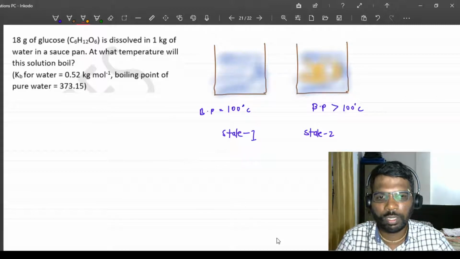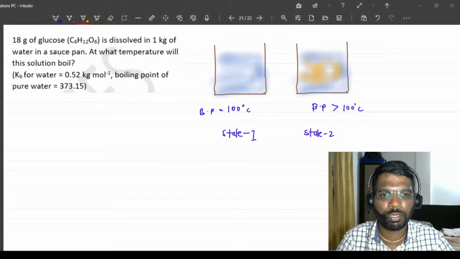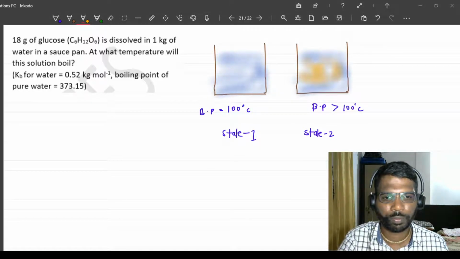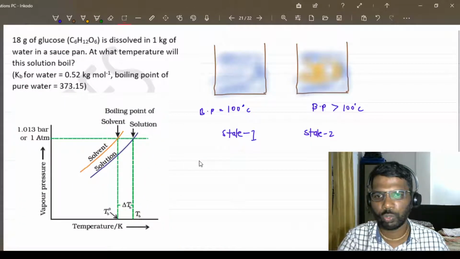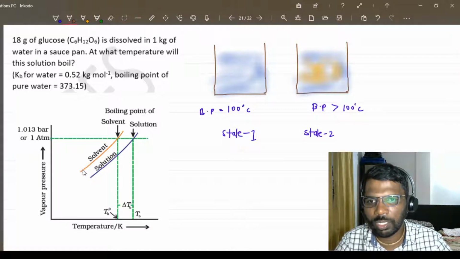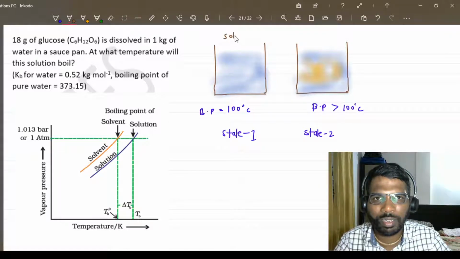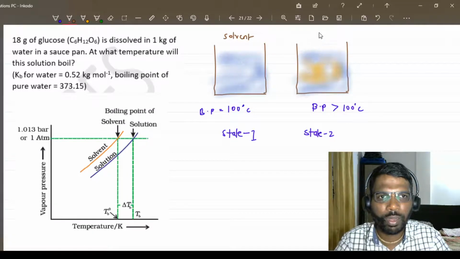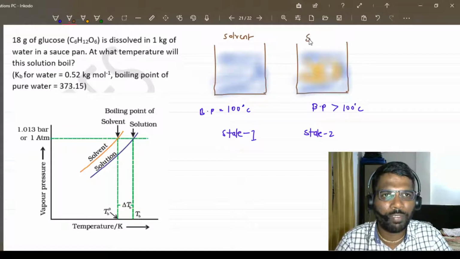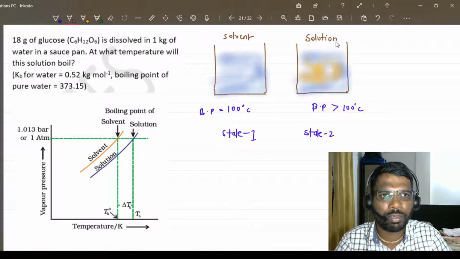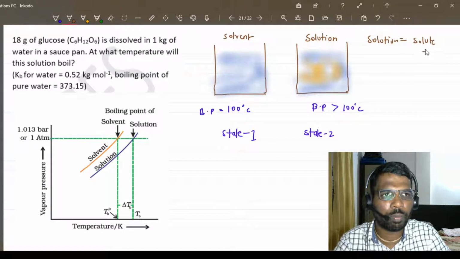Here, if I show you this image, this graph shows delta TB. This was the solvent, and when I added glucose to this, it is solvent plus solute, which I will call a solution, because solution is equal to solute plus solvent.